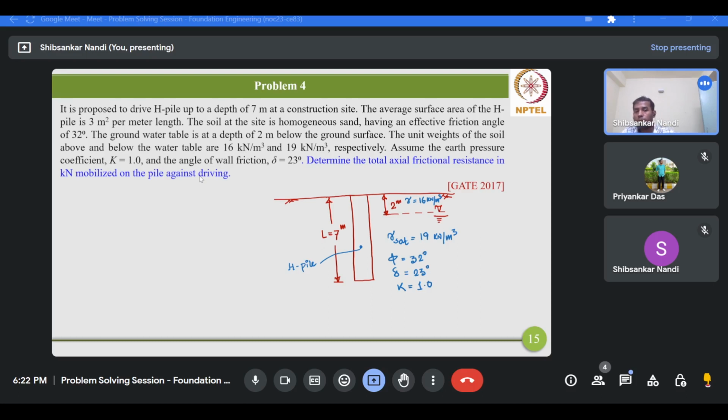Now how can we solve this problem? We can solve it in a similar fashion as we did in the previous problem.